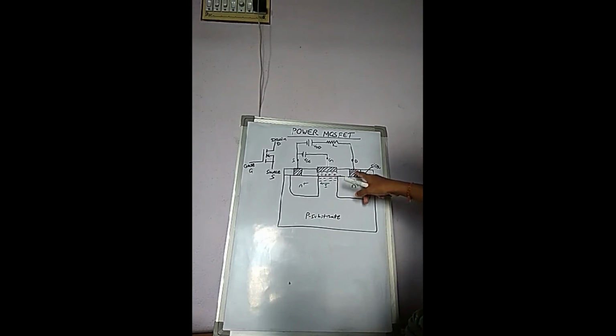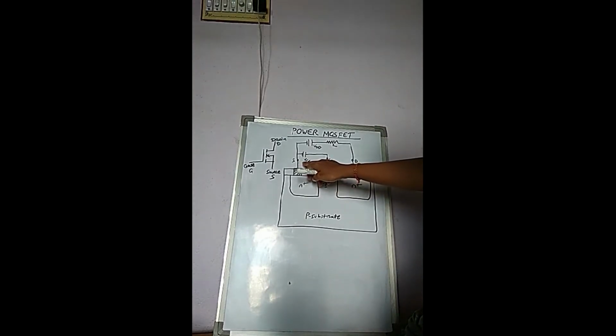See, over this SiO2 or insulating layer, metallic terminals are etched, and from these metallic terminals the drain terminal, gate terminal, and source terminal are taken. Here the drain terminal metallic part is directly connected with the N plus region.